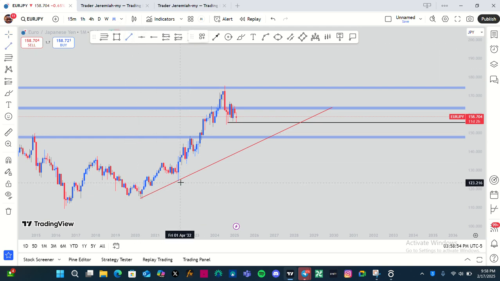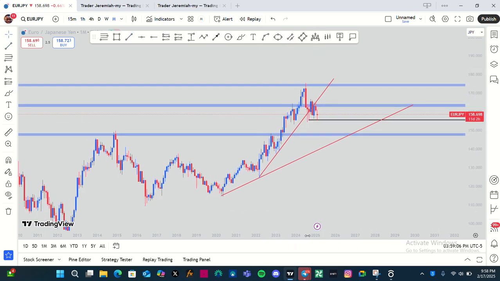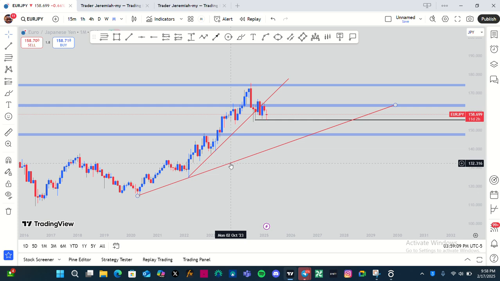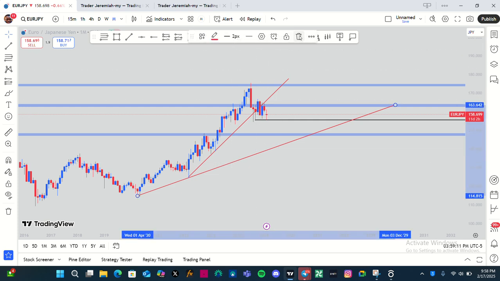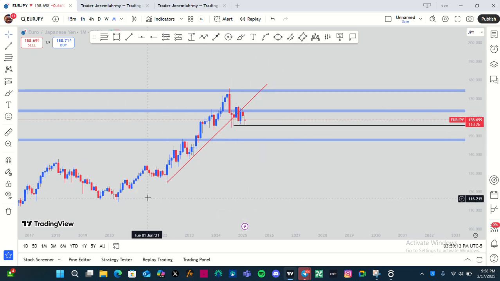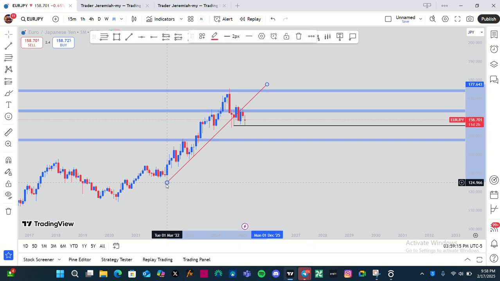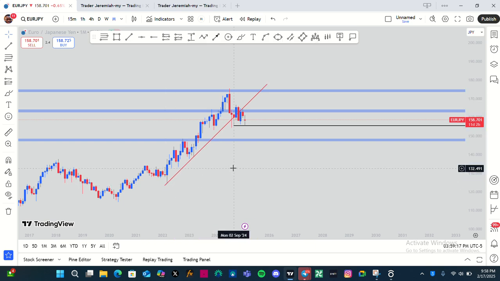If there was a trend line like this, you have to draw an inner trend line that is going to be like this. So the inner trend line has already been broken, as you can see. But we can't be using a trend line on this chart right now, because the outer trend line is very far away from where price is, and the inner trend line has been broken.